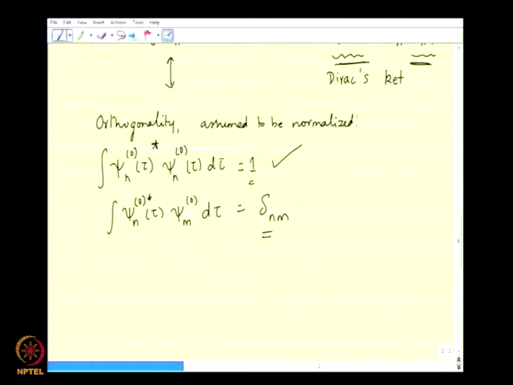This is the Kronecker delta, which means delta nm is equal to 1 if n is equal to m, and is equal to 0 if n is not equal to m. Therefore, the wave functions are orthogonal to each other.